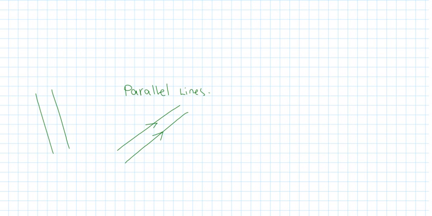Again, I want to indicate that these two are parallel, but I've already used one arrow. So in this case, I'm going to use two arrows. I'm indicating that this set of two lines are parallel to each other. So parallel lines are lines that never meet.